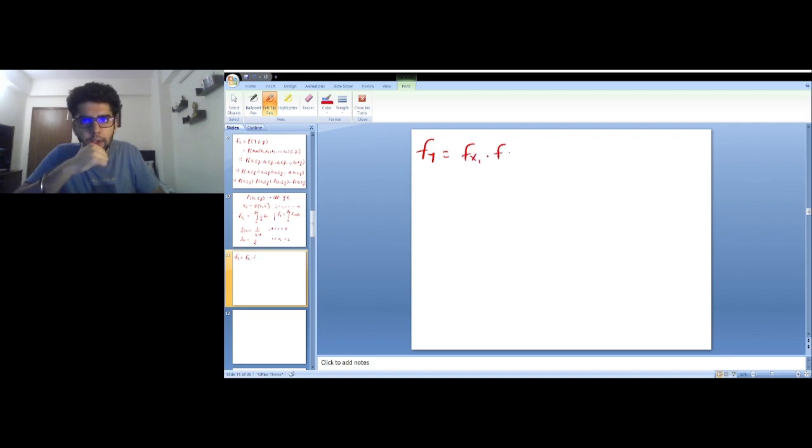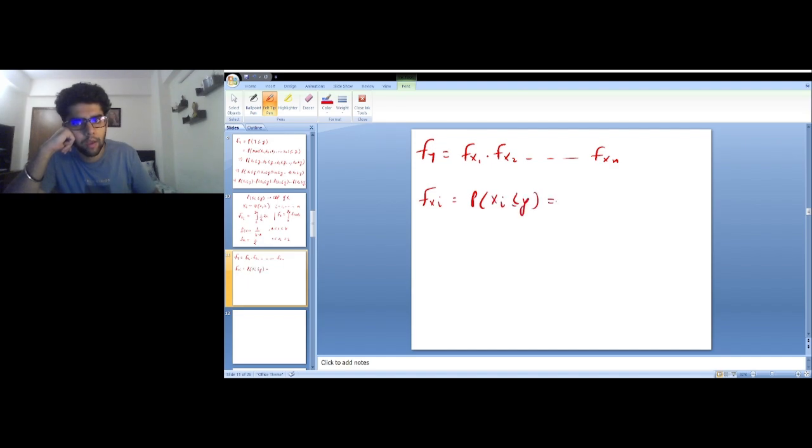So finally my CDF of fy becomes fx1 fx2 till fxn, the product of all of the CDFs. My fxi, which is equal to probability of xi less than or equal to y, equals the integral from 0 to y of 1 by 2 dx, which is x upon 2 with limits from 0 to y, which gives me y by 2. So my fxi is equal to y by 2.